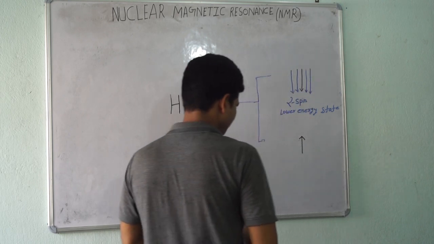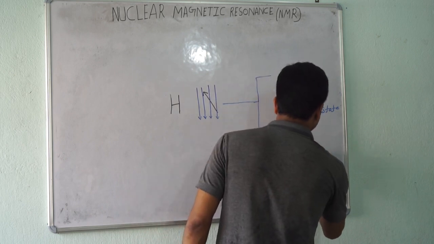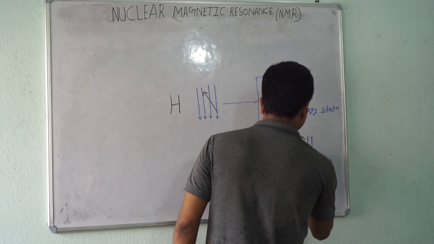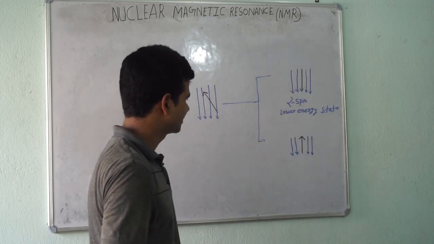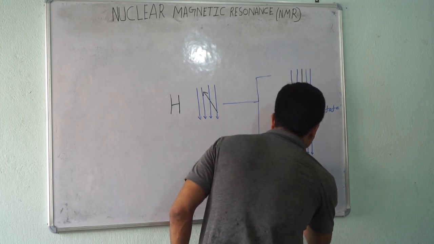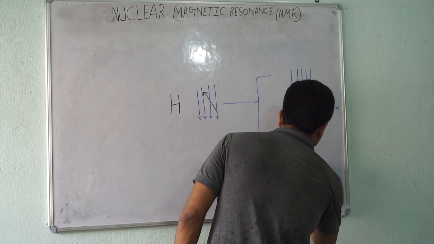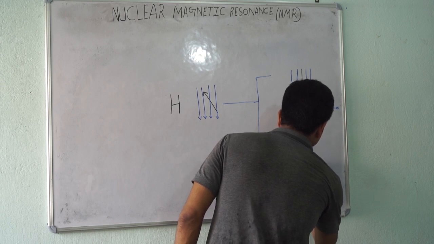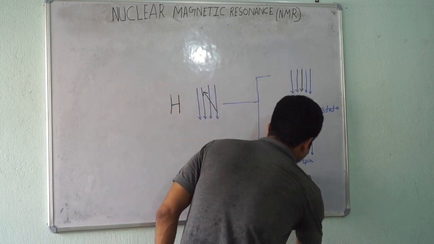Okay, like this. If it happens, then it is called beta spin. And it is known as the lower energy state.